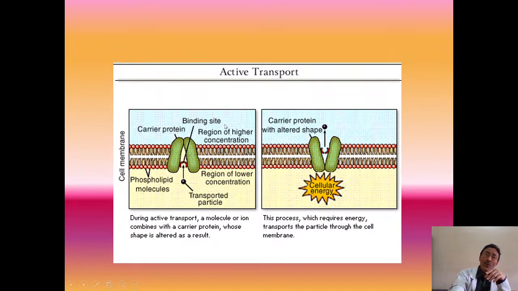So it has to move against the concentration gradient. So because it has to move against the concentration gradient, it becomes an active transport. And it is an active transport because here this movement is requiring energy.